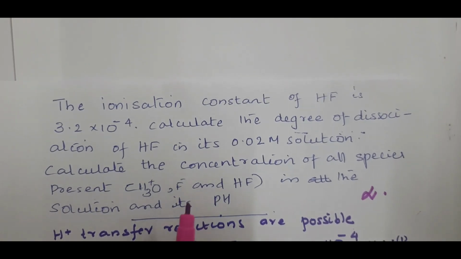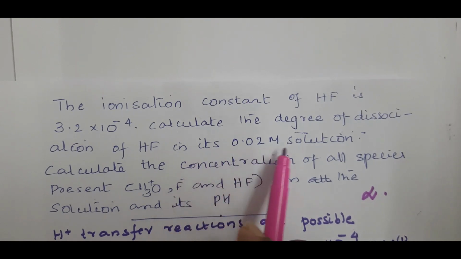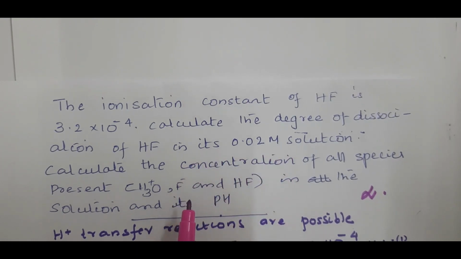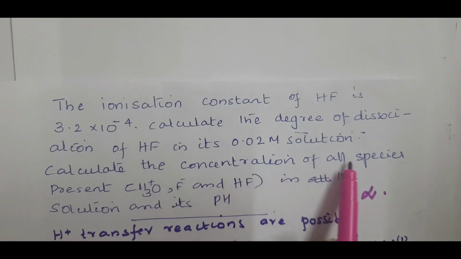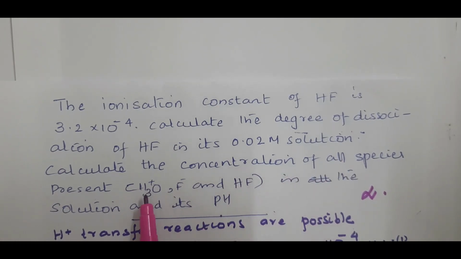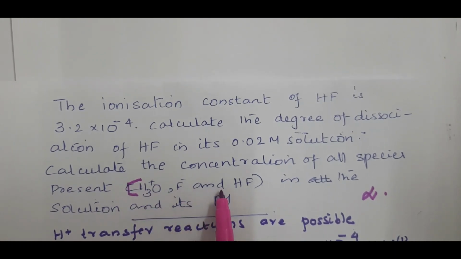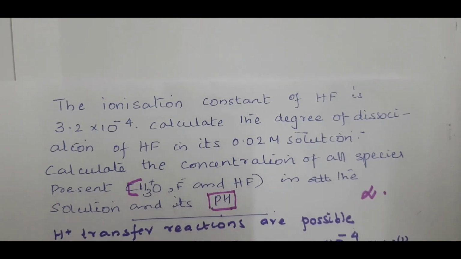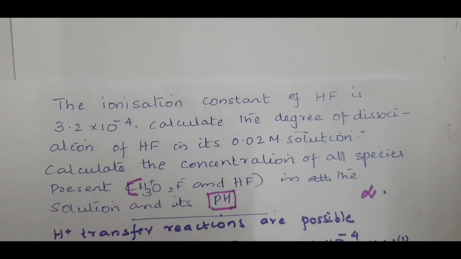Also the 0.02 molar concentration is given. So calculate the concentration of all species: H3O+, F−, and also HF in the solution. After that, you have to calculate the pH also. So in one numerical, you can have all these things.